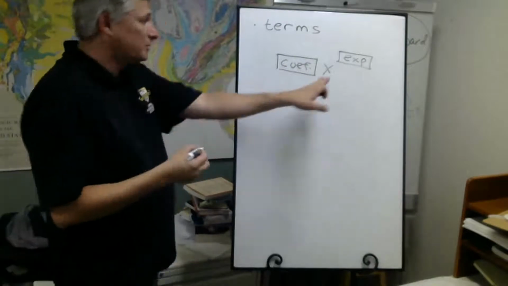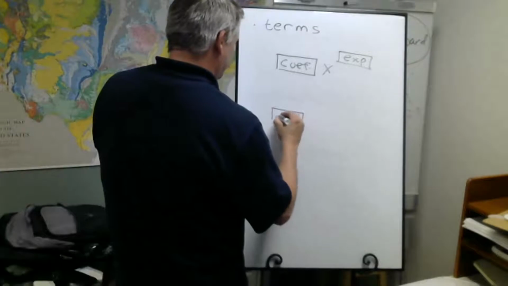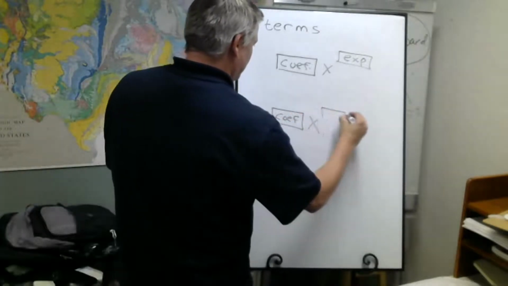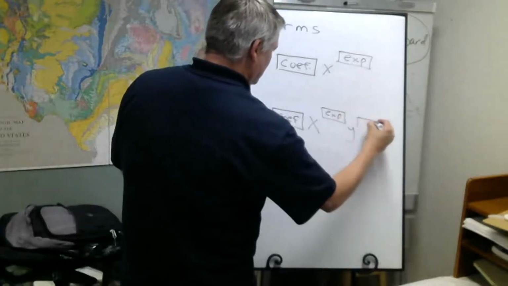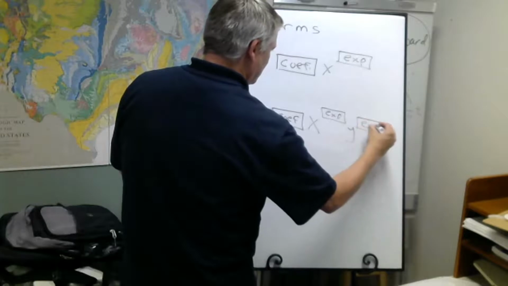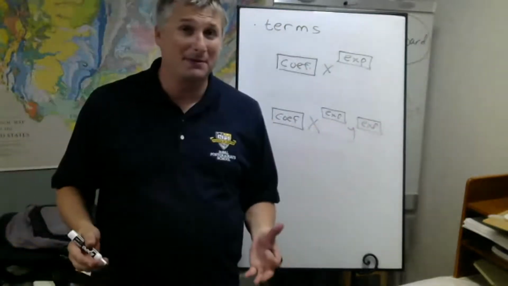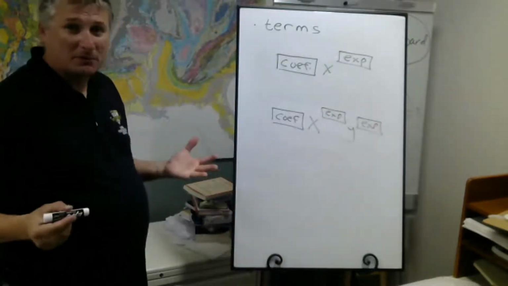Or we could have multiple variables. So we could have a coefficient in front, and a couple of variables with exponents, like so. These two exponents don't have to be the same. So that's the idea of terms.